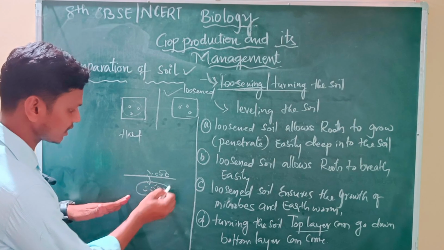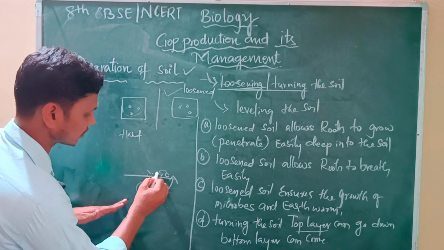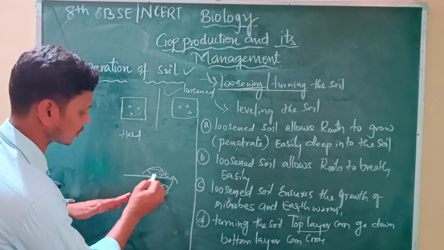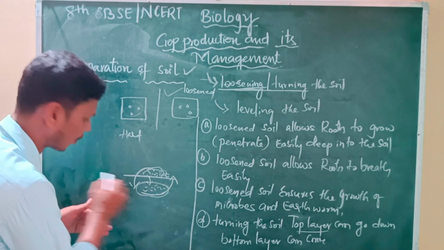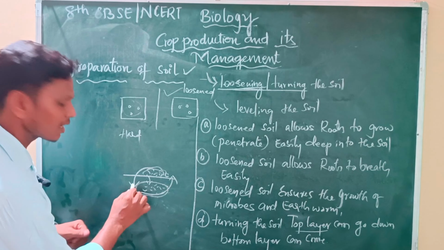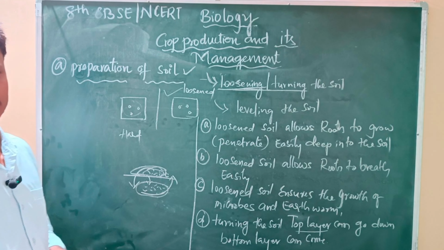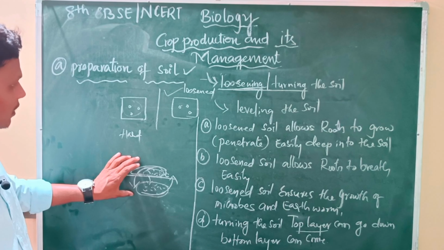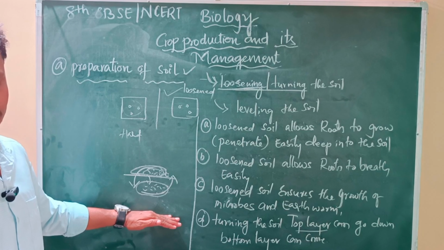By turning the soil, this soil will come up, and the decomposed material present at the surface of the soil can go down, so that plants can easily use these kinds of nutrients or minerals. Okay, this is the purpose for which we are going to turn or loosen the soil.